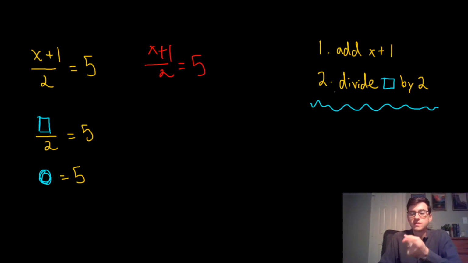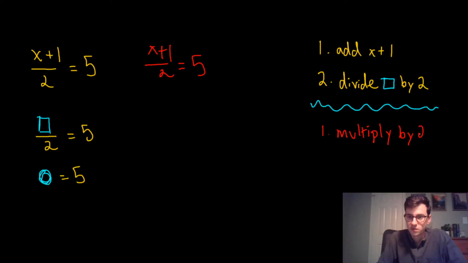Now my new order is, instead of dividing by 2, I'm going to multiply by 2. And remember, if I'm doing something to one side, I need to do it to the other, because I'm not combining numbers here. So when I multiply by 2 over here, then I need to multiply by 2 over here so that my equation stays balanced. Okay, so 2 times x plus 1 divided by 2, those 2's cancel out because 2 divided by 2 is 1.